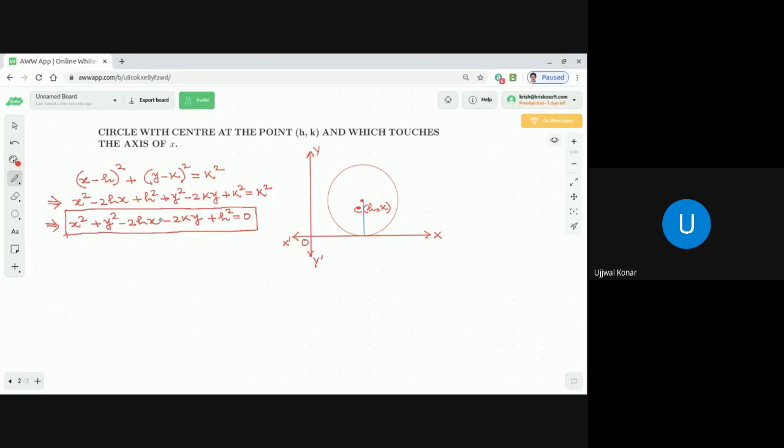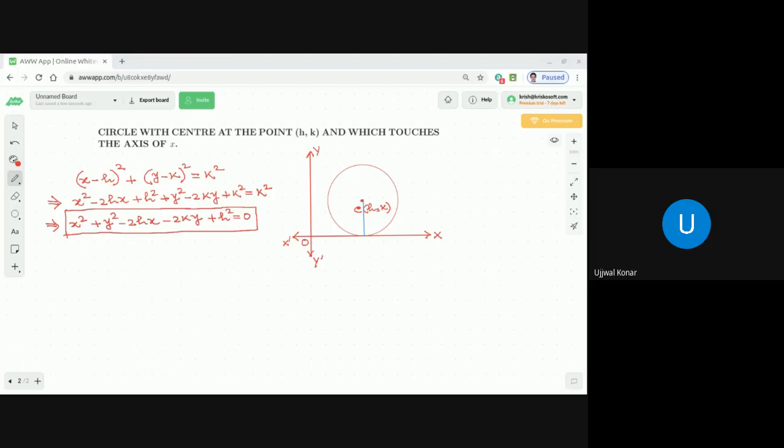Now let me go to the other one, the circle with center at the point h comma k and which touches the axis of y. And let's see how it will look. I hope you understood already, as it is just the way I have done for the x-axis.